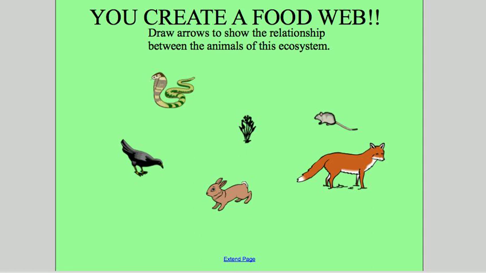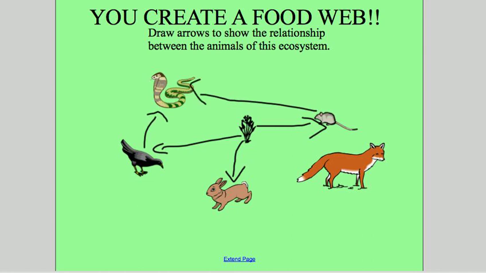Create a food web. Draw arrows to show the relationship between the animals of this ecosystem. Mice eat the grass, so do the rabbits and the birds. Birds eat the snakes.